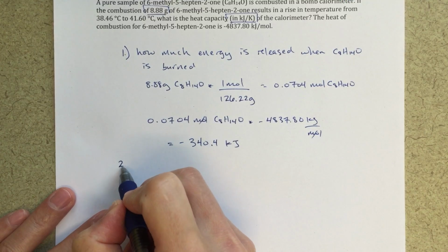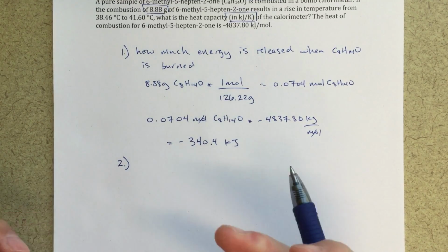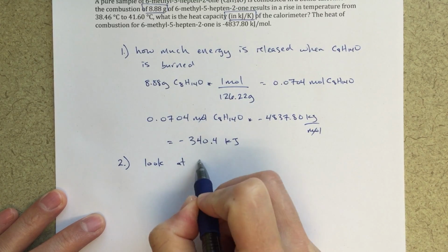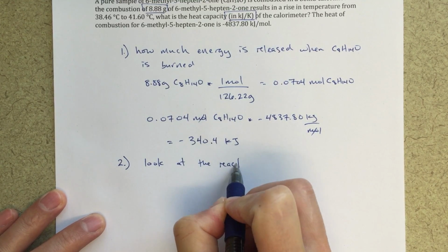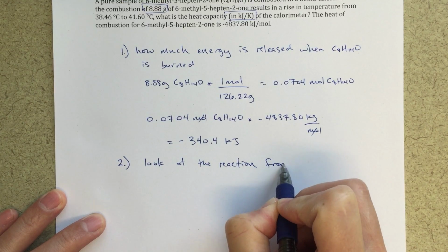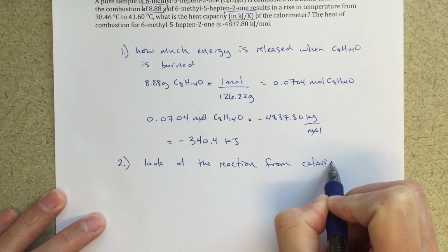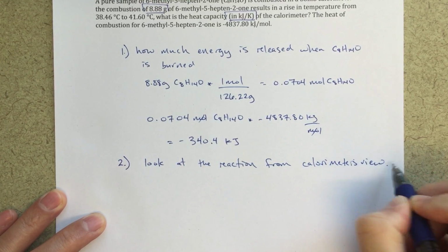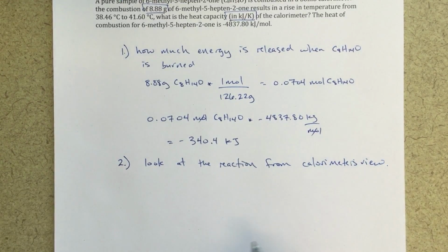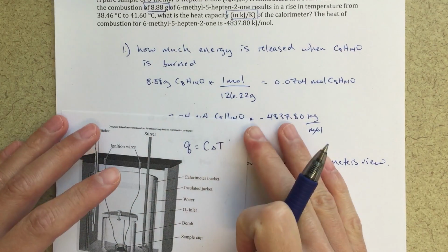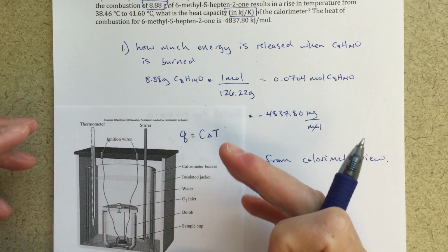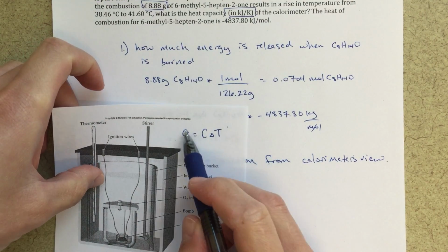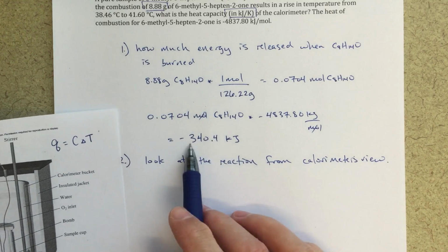So then two, we need to look at the reaction from the calorimeter's point of view. From the point of view of the calorimeter, it's going to be absorbing that energy, and we're going to utilize Q equals C delta T, where Q is going to be this value of energy.